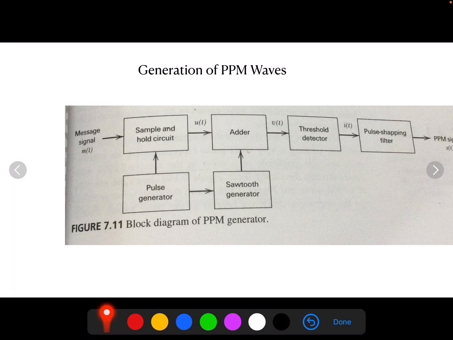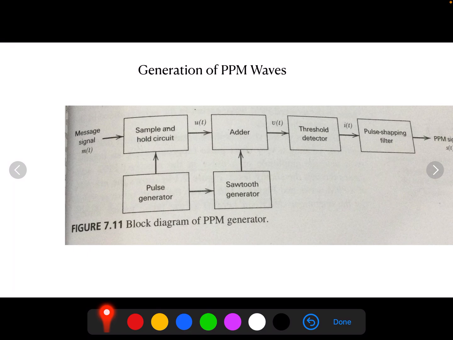Then the generation of PPM waves. We have a block diagram of a PPM generator wherein we have a message signal. That message signal is passed through a sample and hold circuit where you get a staircase approximation, obtained using a pulse generator.